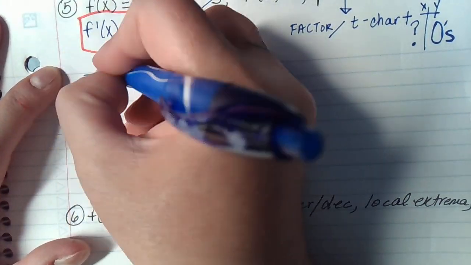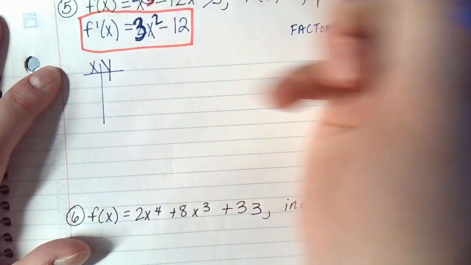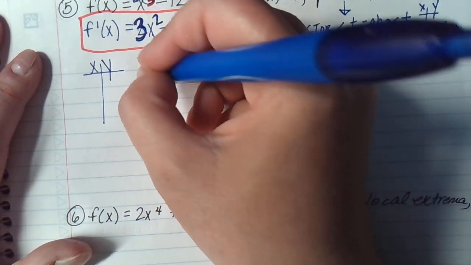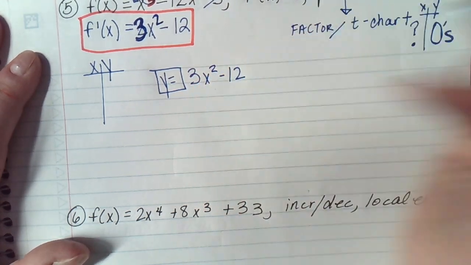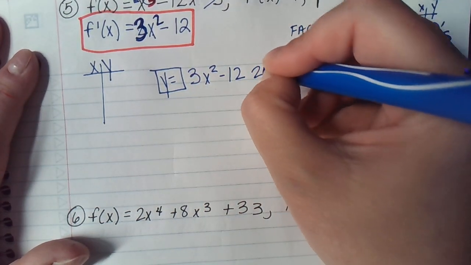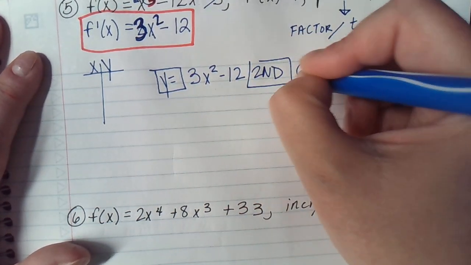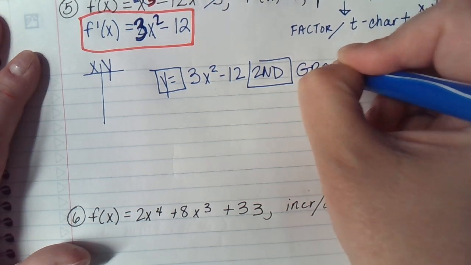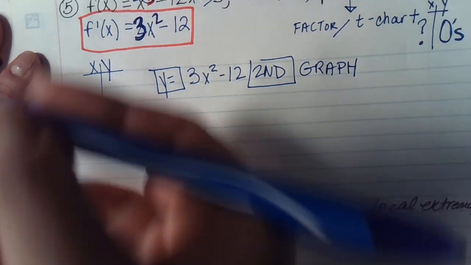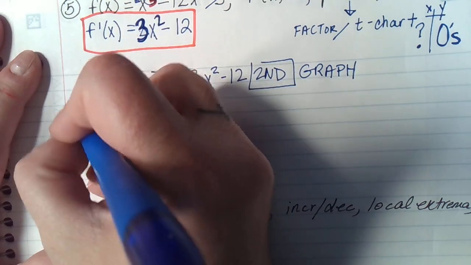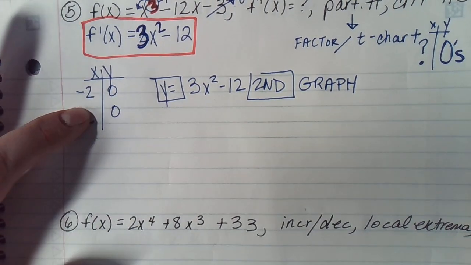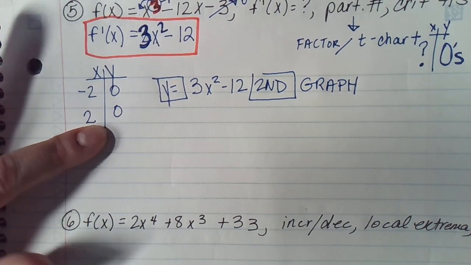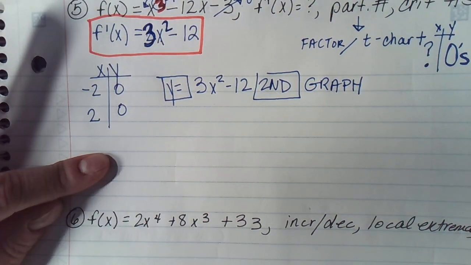So we put this in y equals, then pressed second graph, and we saw -2 has a 0 and 2 has a 0 across from it. Those are our partition numbers, and they're also our critical numbers.